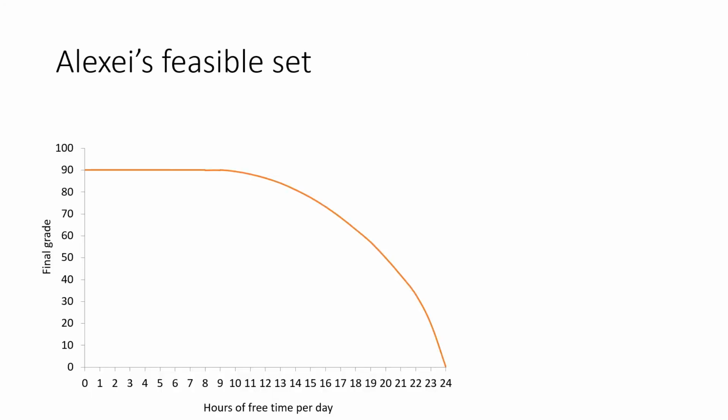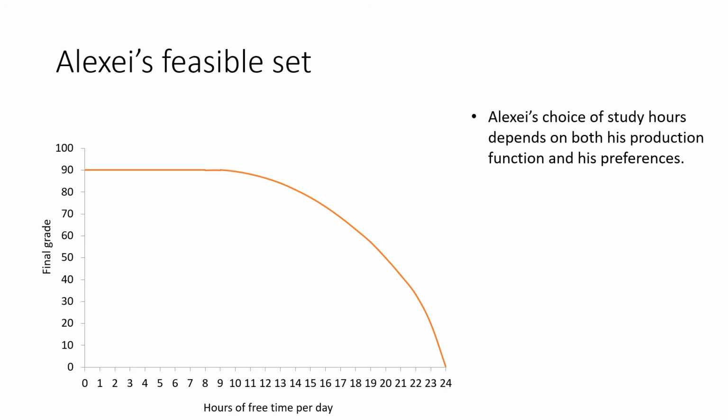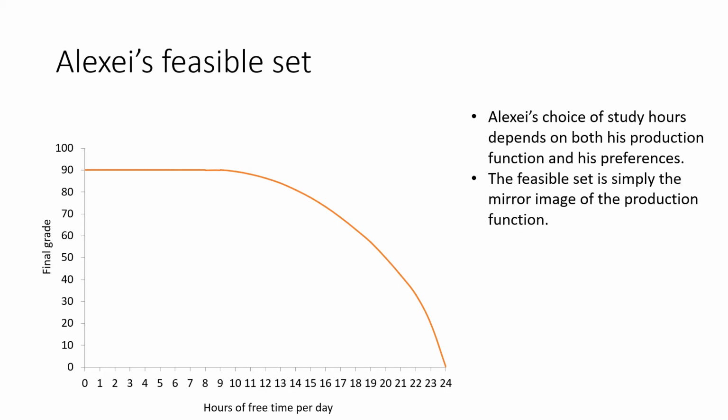Alexei's feasible set. Alexei's choice of study hours depends on both his production function and his preferences. If you look closely, you will notice that his feasible set is simply the mirror image of his production function.